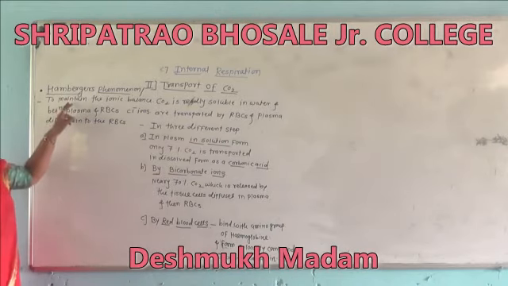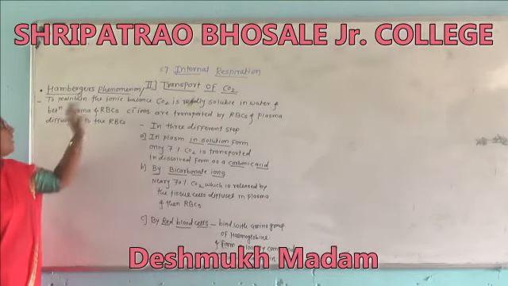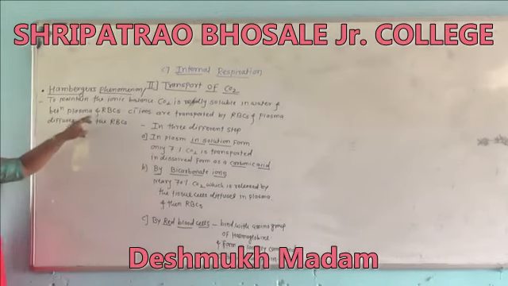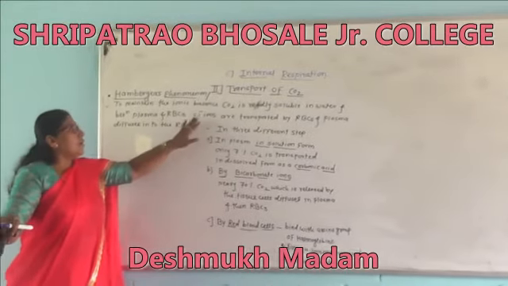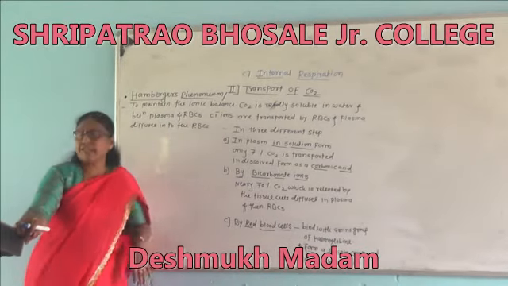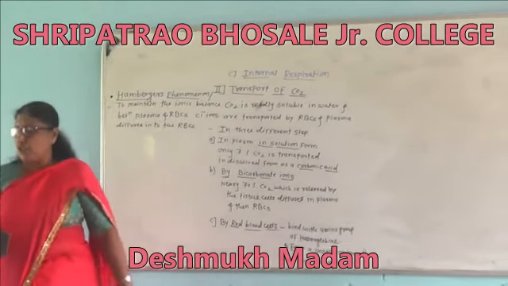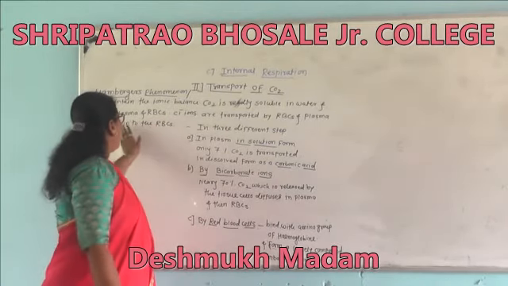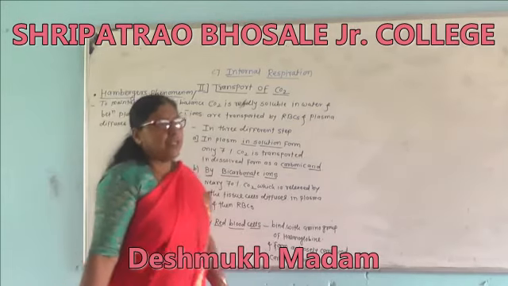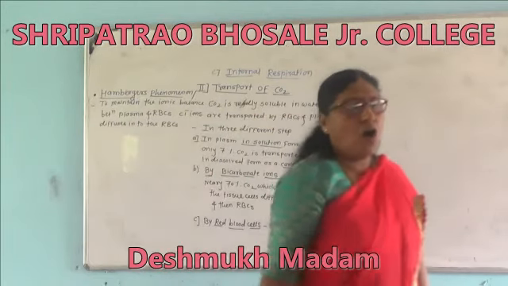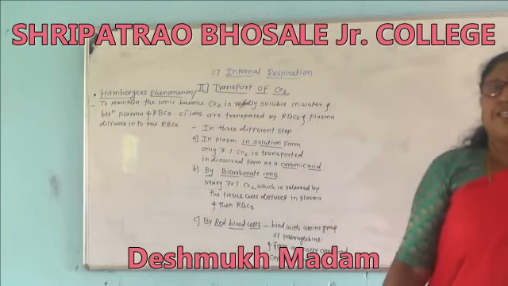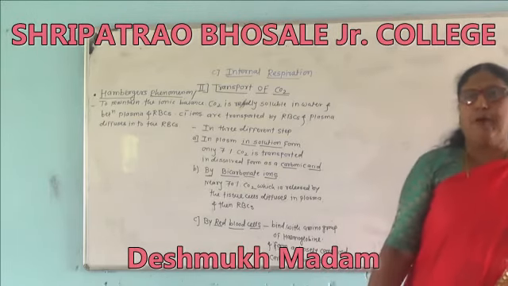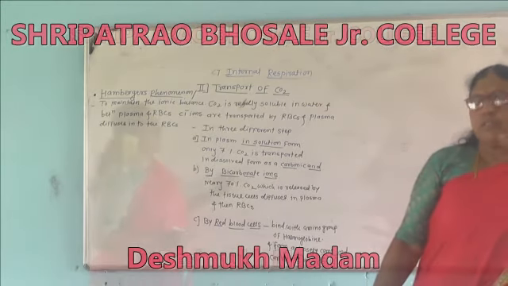In this phenomenon, to maintain the ionic balance between plasma and RBCs, chloride ions diffuse into the RBCs.